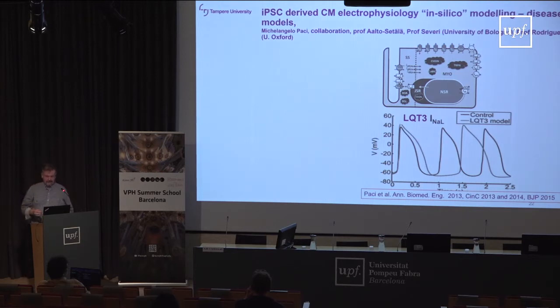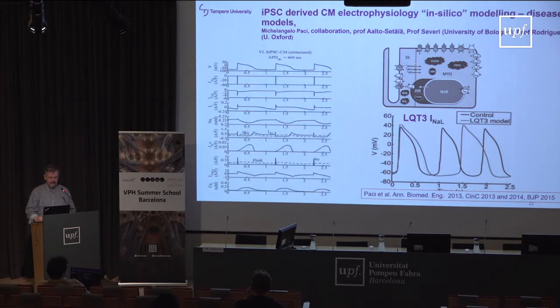But with this data, of course, we can have really all ion channels, all ion currents, and individually look at how they are in these iPS cells in silico. And this is just an example that we could have, like a long QT syndrome. That was the first one we analyzed.